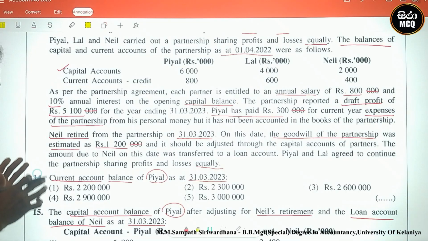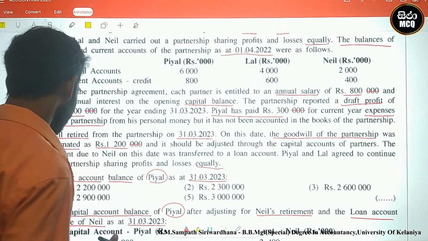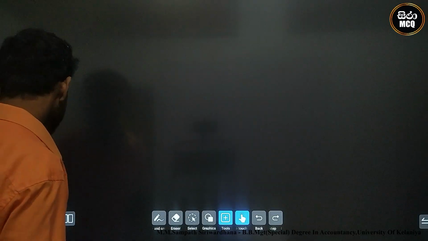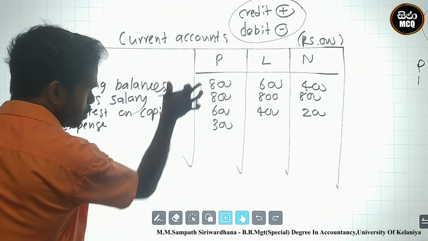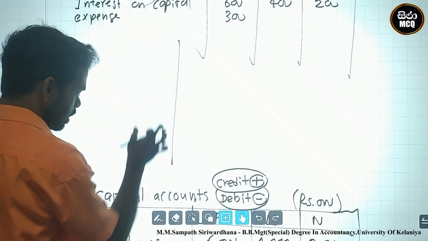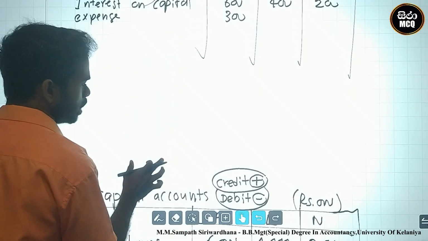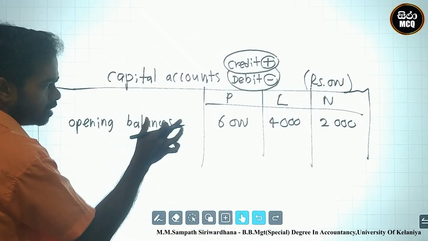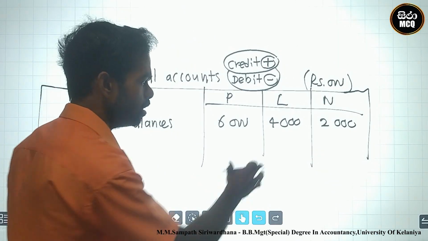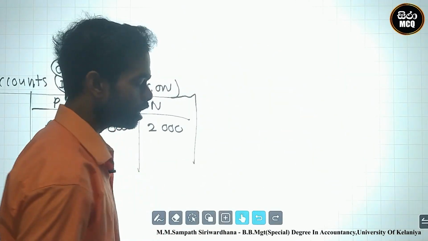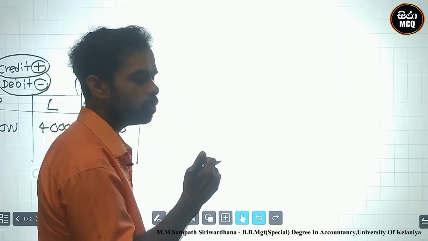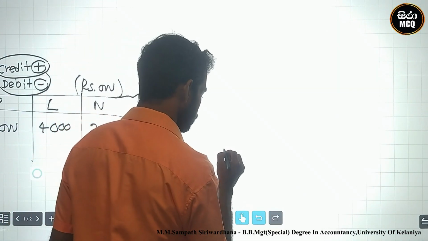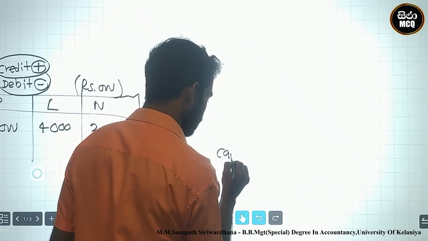We must adjust goodwill. Okay, what is the double entry for goodwill adjustment? Goodwill adjustment should be carried out in the capital accounts, no? Capital accounts. Okay, these are the capital accounts. What is the double entry for recording goodwill? We must credit in the old ratio. Therefore, capital accounts credit.